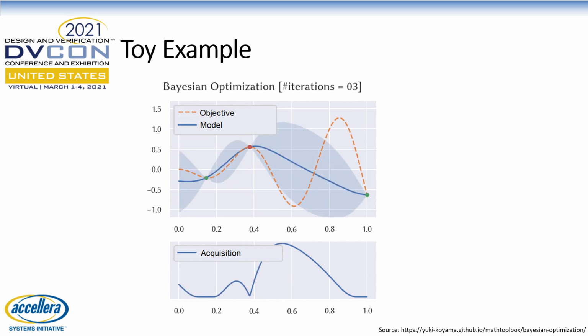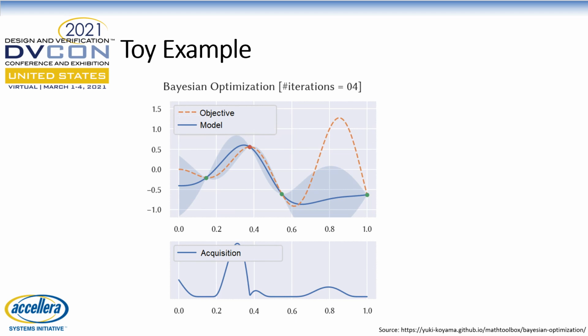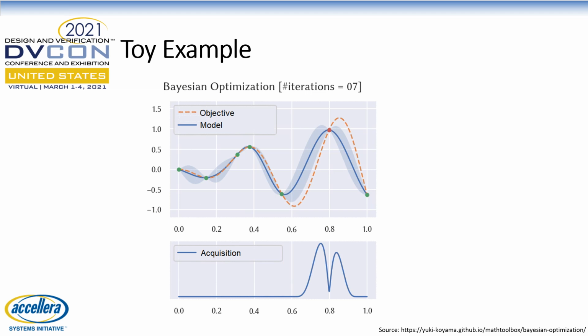The process continues as it weighs where to explore versus where the model indicates that the objective must be high. By iteration 6, it has found a local maxima. But it continues to explore the undersampled region on the right, and soon it finds the global maxima.